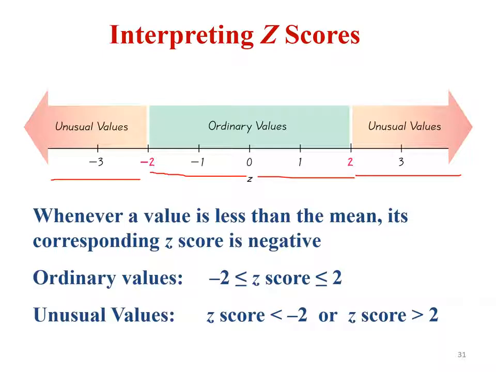Then it is not an unusual value, so it is an ordinary value. So if you want to identify whether your observation is unusual or not, first calculate the z-score. Then make sure whether your z-score lies between negative 2 and positive 2, or equals negative 2 or positive 2. In that situation we can say it is an ordinary value, otherwise it is an unusual observation. All right, so that is the interpretation.